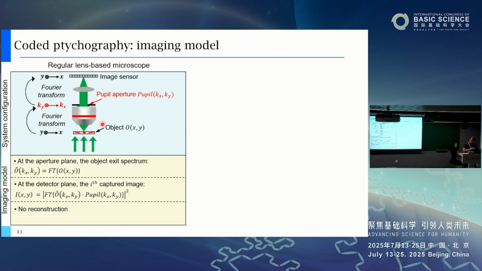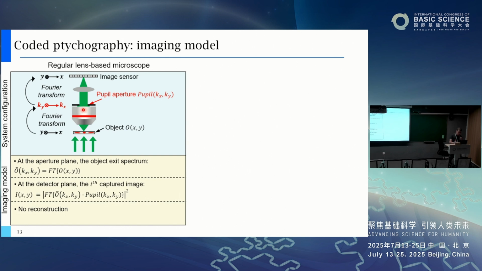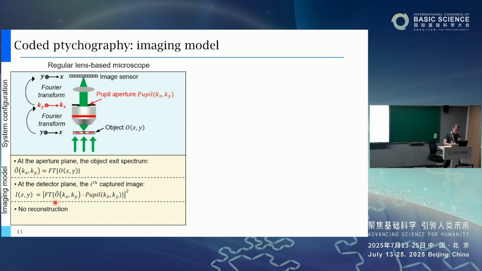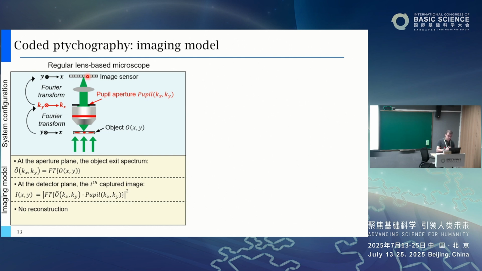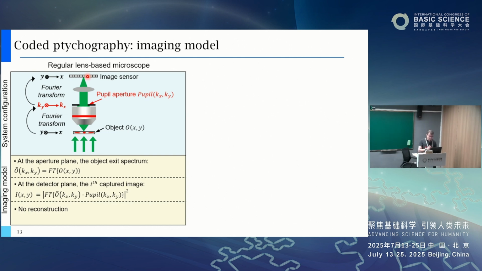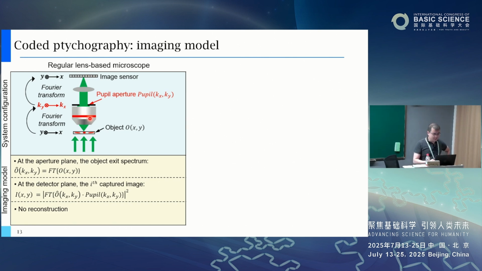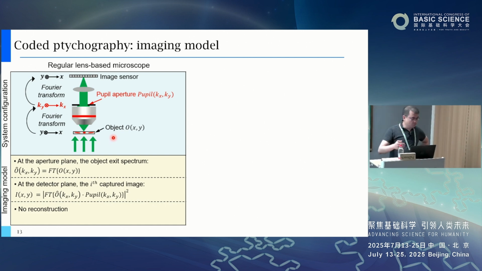If you look at the image model, you do the first Fourier transform to get the object spectrum, and then you multiply this object spectrum with the pupil of the objective lens. This is the pupil. Then you do the second Fourier transform, take the absolute value, and square it. That is the intensity image you capture with the conventional optical microscope. The key point here is if you do two Fourier transforms of the sample, you get the original object.